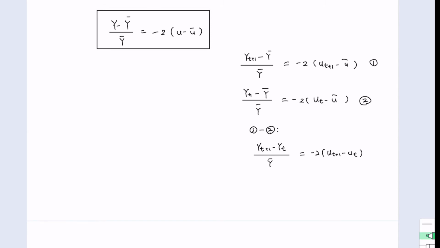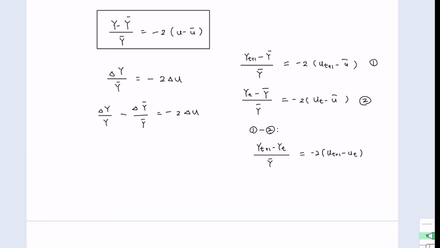If we rewrite the equation, the left hand side, yt plus 1 minus yt over y bar, approximately equals the changes in y over the level of the full employment output, and the right hand side is minus 2 multiplied by the changes in the unemployment rate.